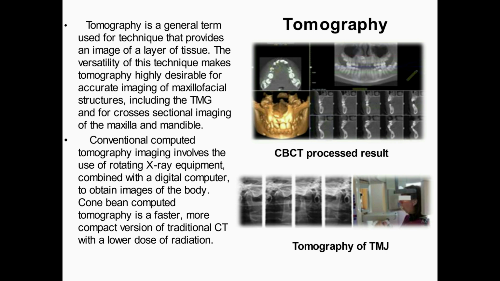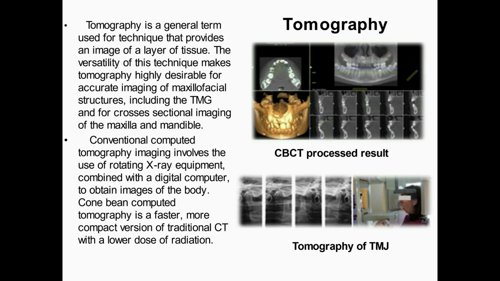Conventional computed tomography imaging involves the use of rotating X-ray equipment combined with a digital computer to obtain images of the body. Cone beam computed tomography is a faster, more compact version of traditional CT with a low dose of radiation.